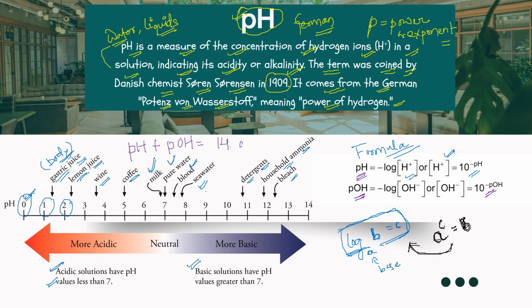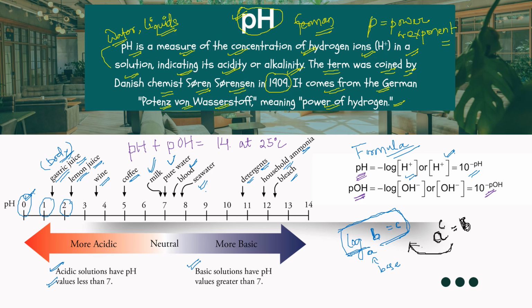At what temperature? It is at 25 degrees Celsius. Why is it written as 25 degrees Celsius? Because pH is temperature dependent.